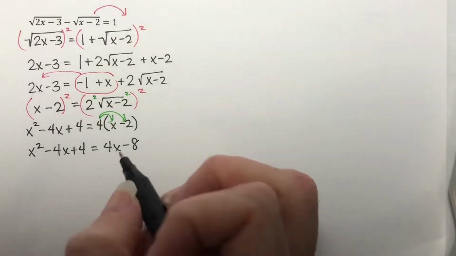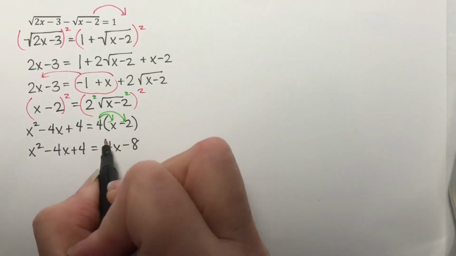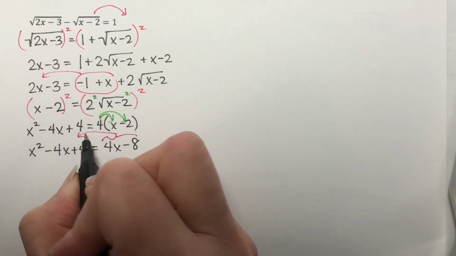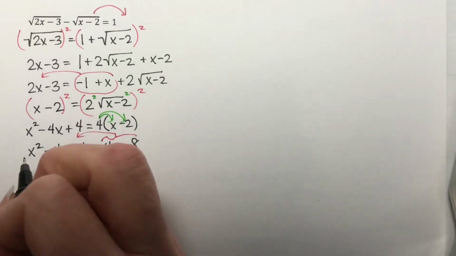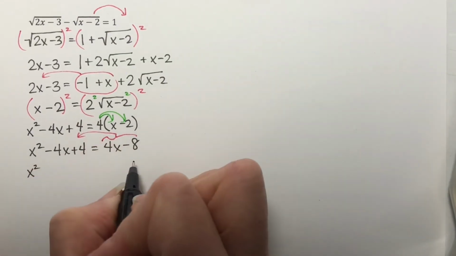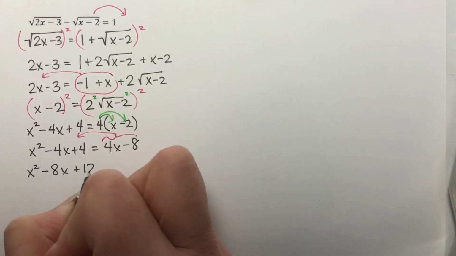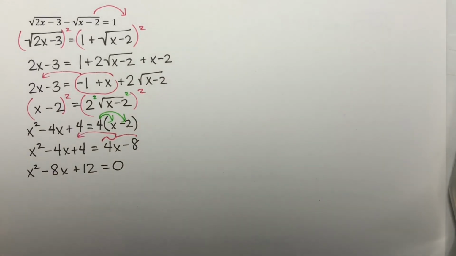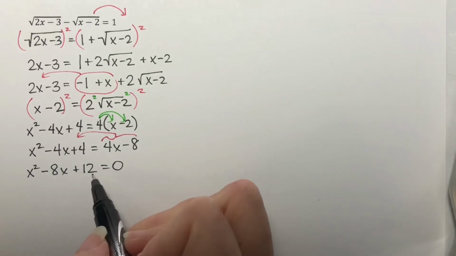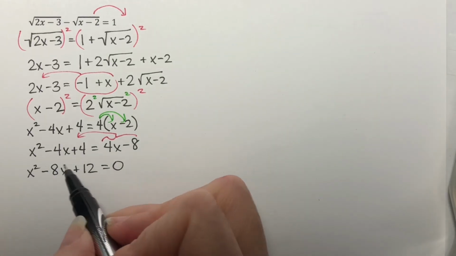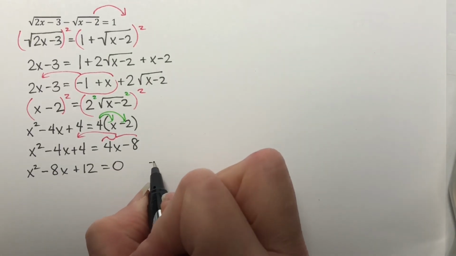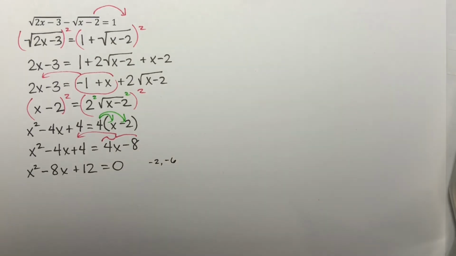Okay. Now we need a 0 so we can solve the quadratic. I'm going to move both of these over to here. And I get x squared minus 8x plus 12 is equal to 0. Two numbers that multiply to a positive 12 and add to a negative 8 would be a negative 2 and a negative 6.